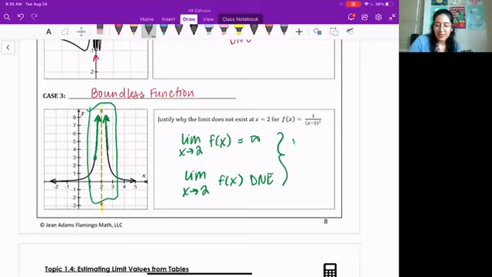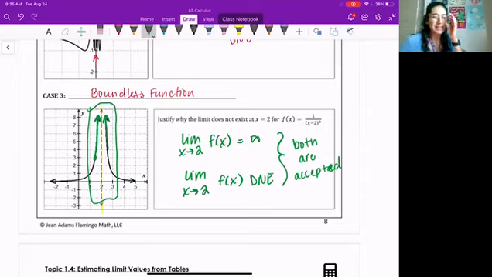Both of these answers are accepted. If you're taking the AP test and you put the top answer or you put the bottom answer, they would accept both of those.